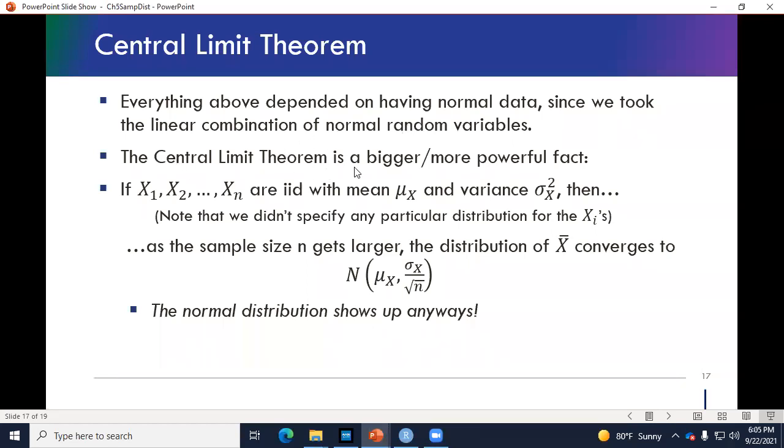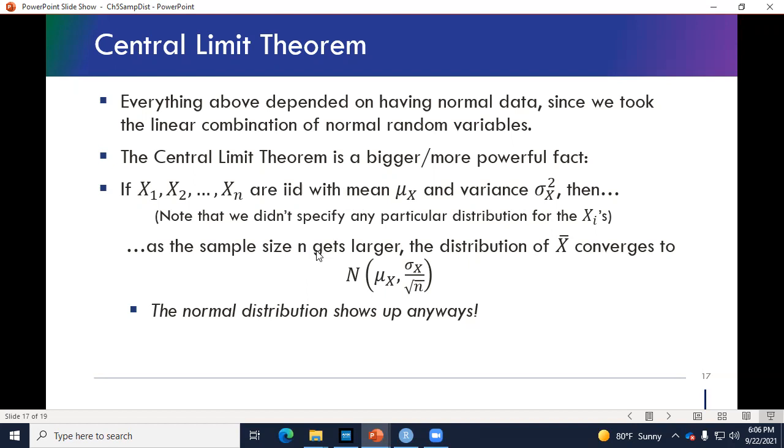The central limit theorem is a bigger and more powerful fact. If x1 to xn are IID with mean mu x and variance sigma square x, note that we didn't say anything about a particular distribution. We didn't assume it's normally distributed.